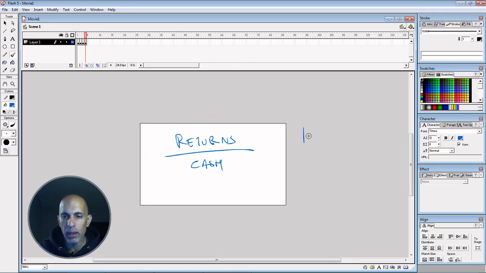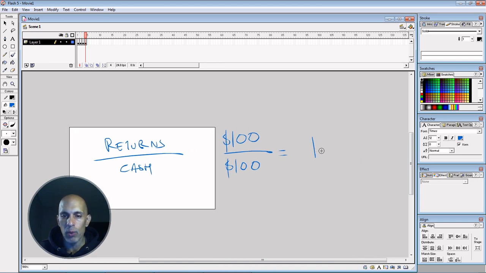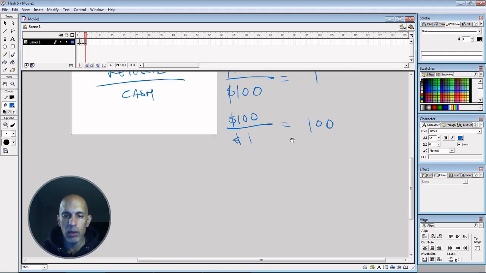So if I put in $100 and my return was $100, my return is 1. But if my return is $100 and I only put in $1, my return is 100.